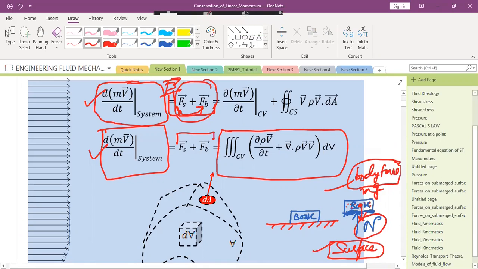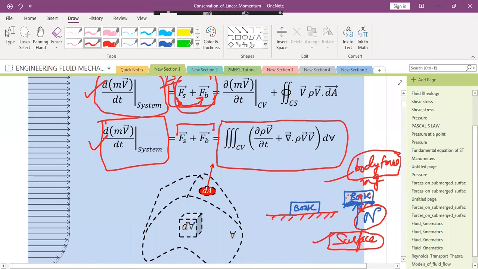Now with this background, this is the fluid control volume. What do you think, what surface forces will be acting on this control volume? Pressure force. Anything else?